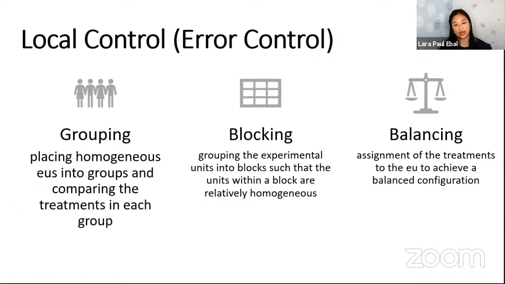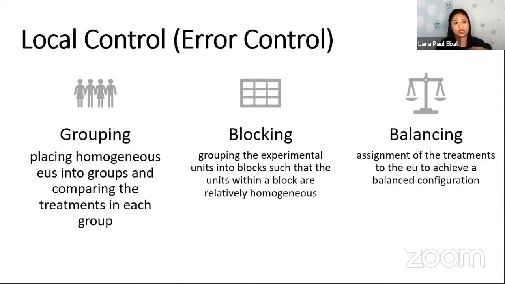And then we also have balancing, the assignment of treatments to experimental units to achieve a balanced configuration. As much as possible, to increase the power of the test, we want our experiment to be balanced. Meaning, if treatment 1 is applied to 4 experimental units, then treatment 2 is applied to another 4 experimental units.